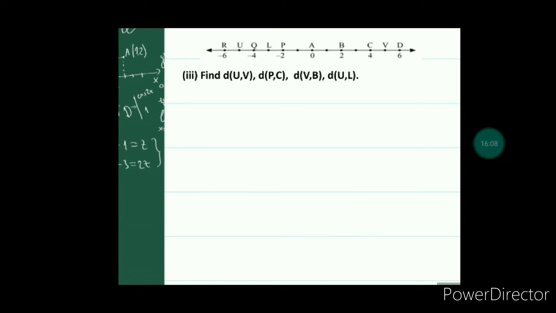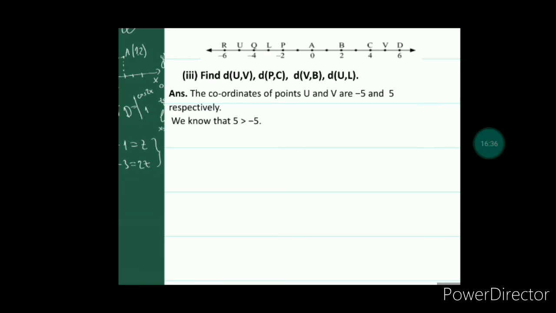Another sub-question is: find distance UV, distance PC, distance VP, distance UL. The coordinates of points U and V are -5 and 5 respectively.